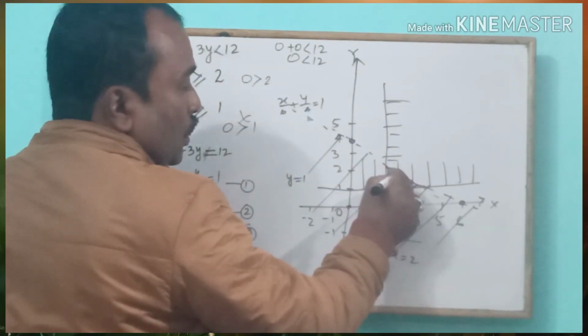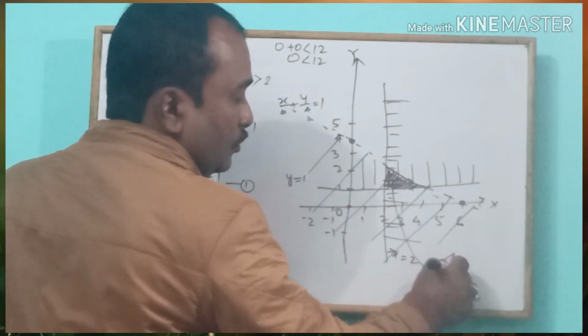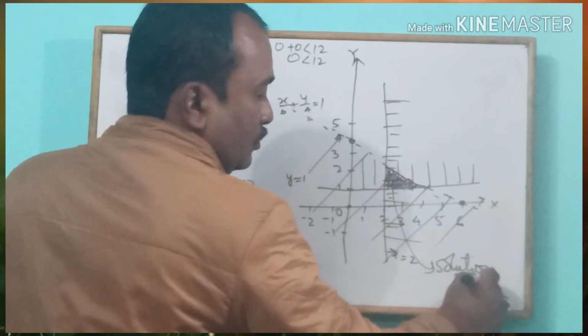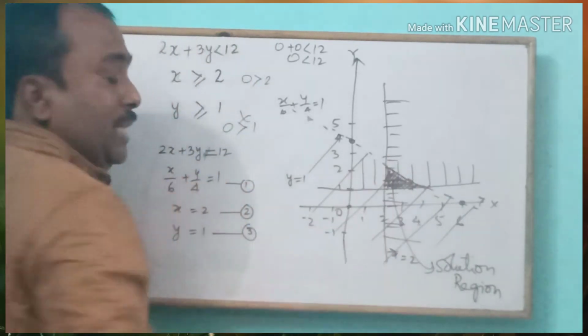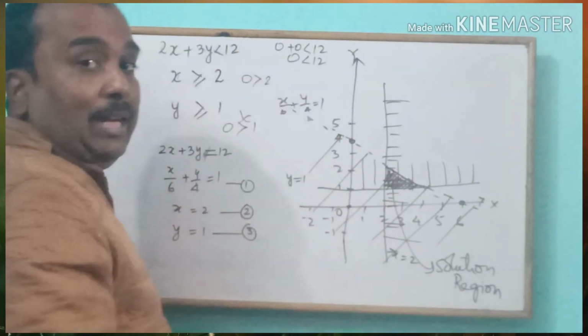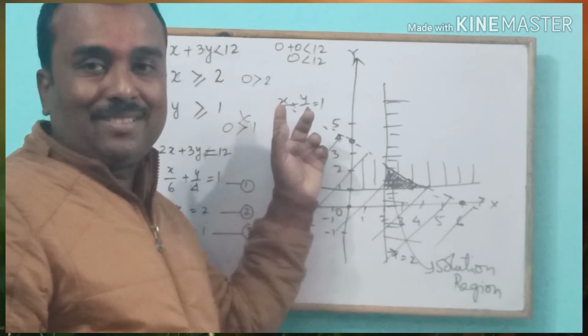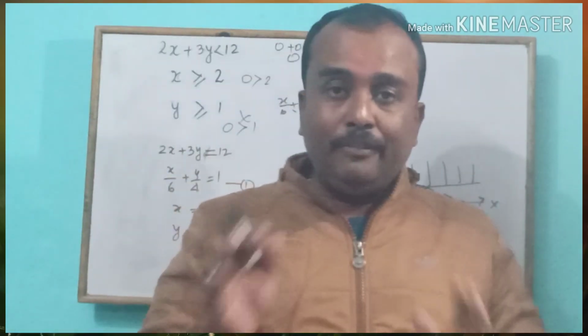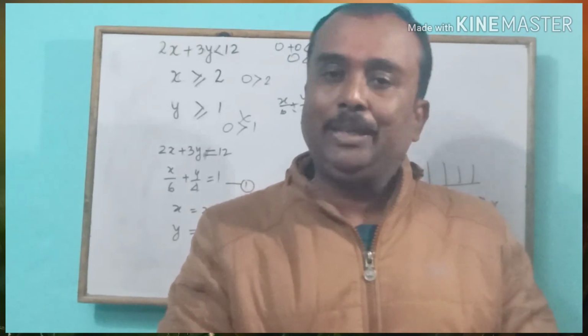So this is the solution region. All the points within this region satisfy these inequations. So this is the graphical solution of the given system of linear inequations.